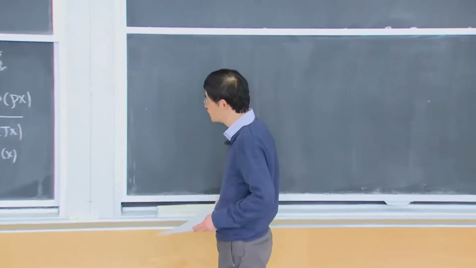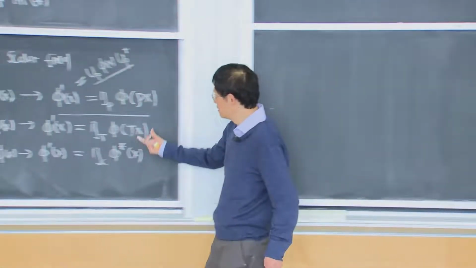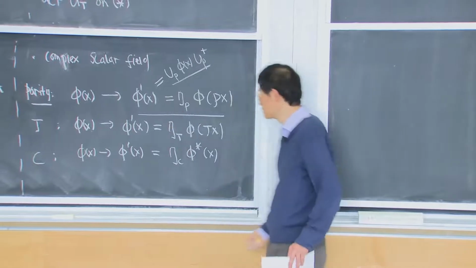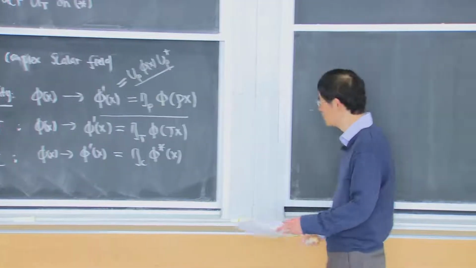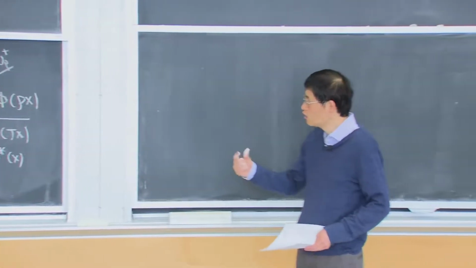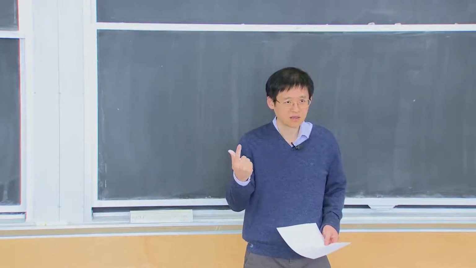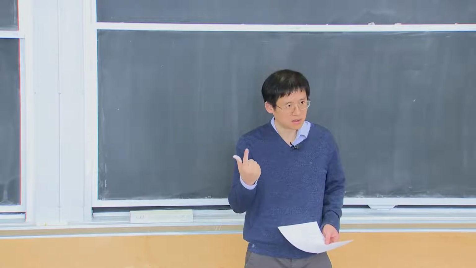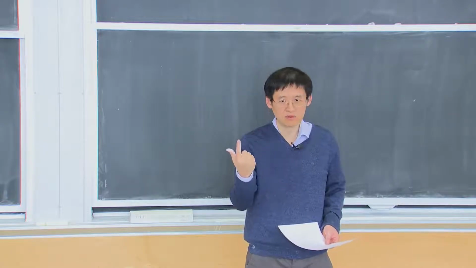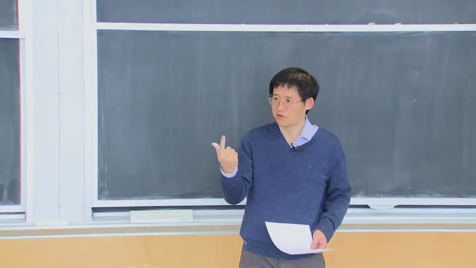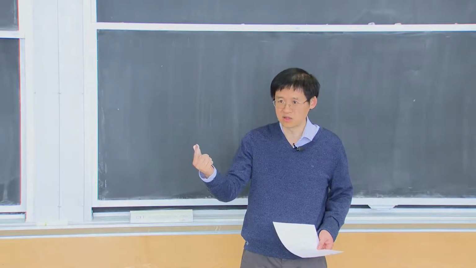In the case of this complex scalar, actually they should not be. Let's use the example of the parity. We know that if you do parity twice, you should go back to your original; your system does not change. If you just do reflection twice, your system does not change.